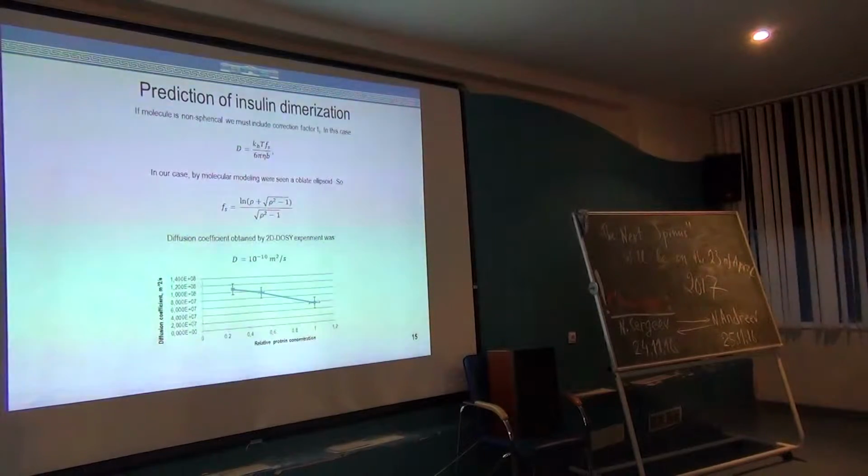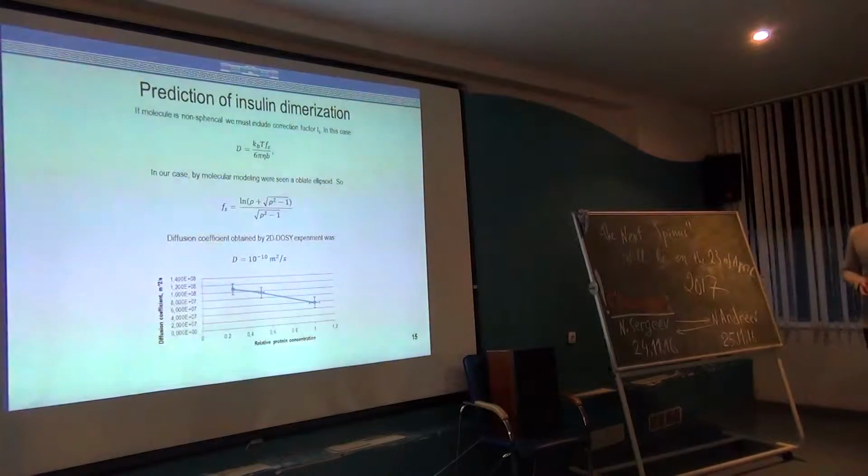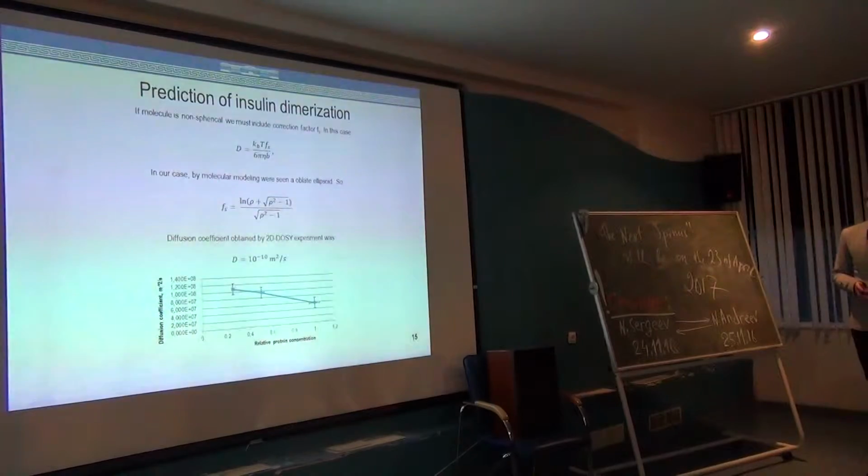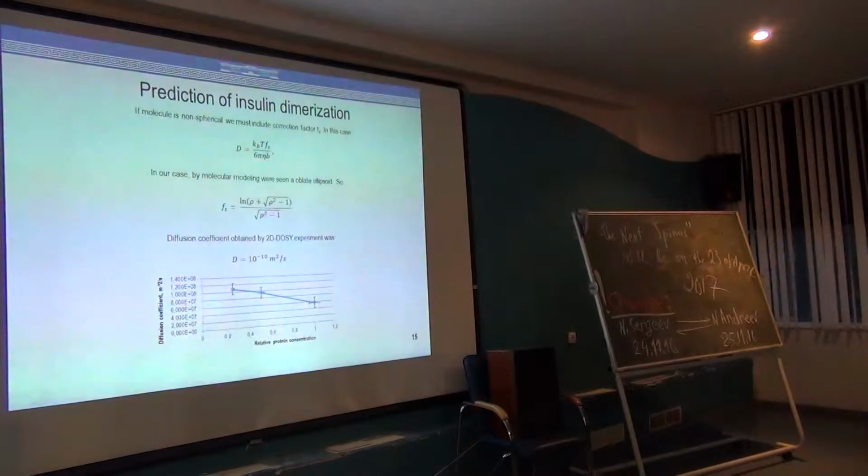By using the Stokes-Einstein equation with this coefficient, we evaluated the size of the protein, because its surface was like an ellipsoid, and its value was quite bigger than for a monomer. And to check this, we registered a number of spectra with different concentrations of protein in solution.